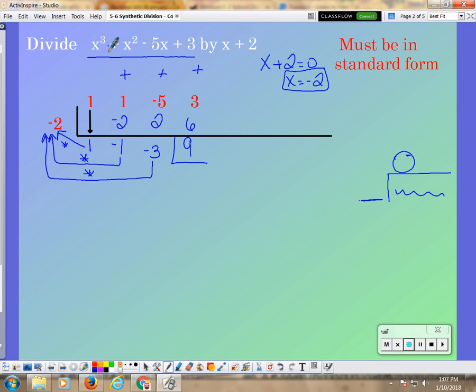So we started here with a cubic, with a 3, which means this is a 1x squared. So we brought the exponent down by 1: x squared minus 1x minus 3 plus a remainder of 9 over, what's it over? It's over this up here, the x plus 2. Okay, now do I need the 1s with this x squared and the x? No, I sure don't. Let's try another example.